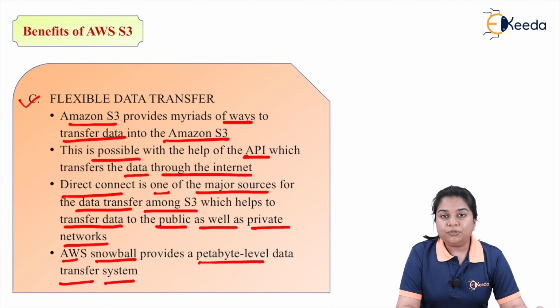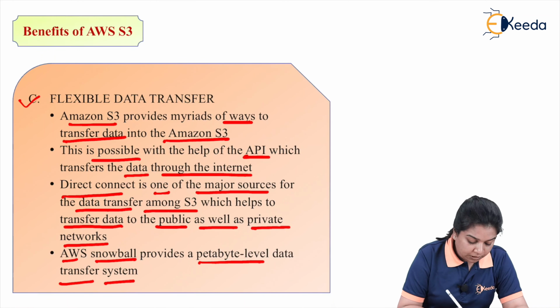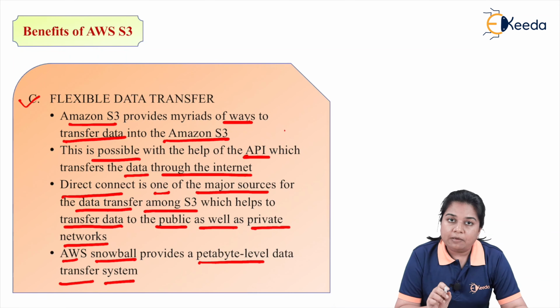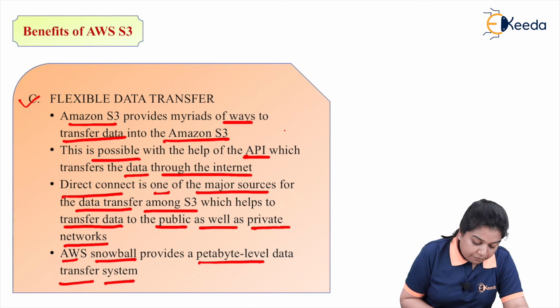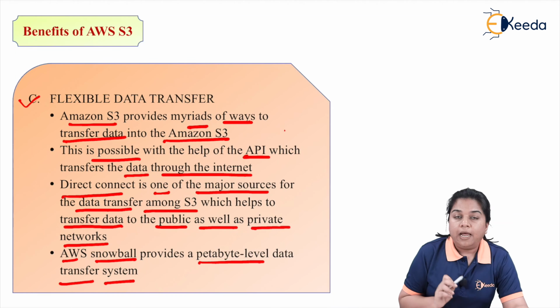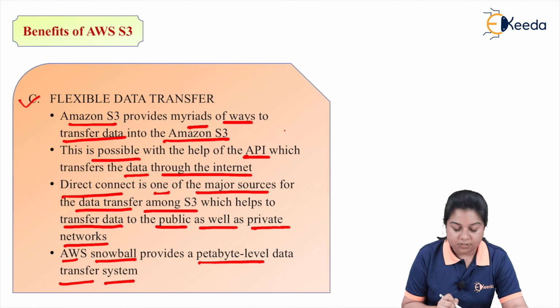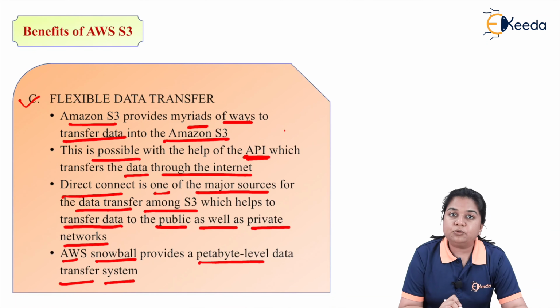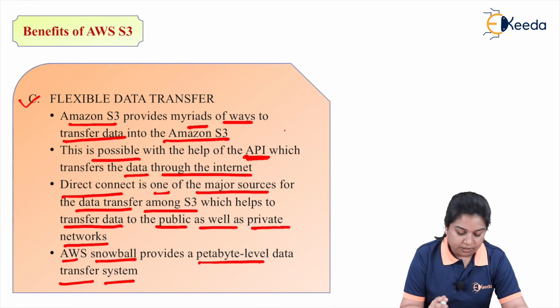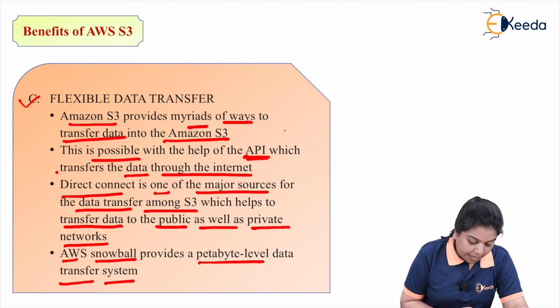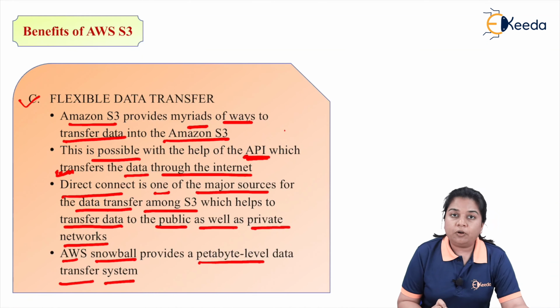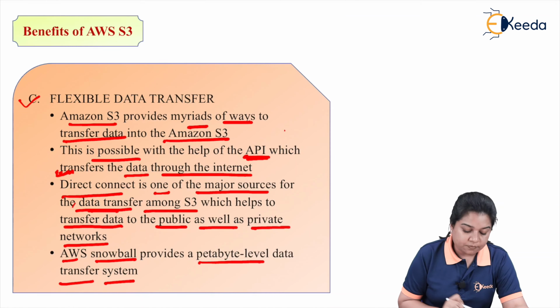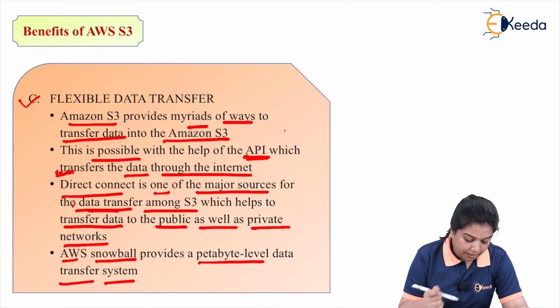So if you want to transfer data from one particular place to another, Amazon S3 provides different ways to do that, and you need not go for any other thing for that purpose. There is API, which helps to transfer data through the internet. Direct Connect is one of the major sources for data transfer to S3.